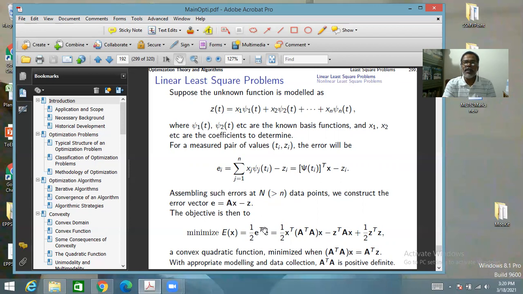One way to write this is this. There is an extra factor of half, which will cancel out as we progress. So you multiply this out and get this. Now this is a quadratic function of x. Not only that, it is a convex quadratic function because A transpose A is positive semi-definite in the worst case.